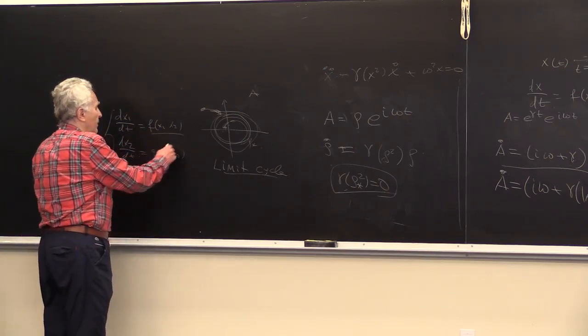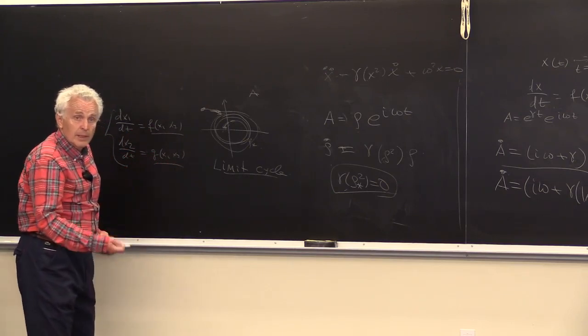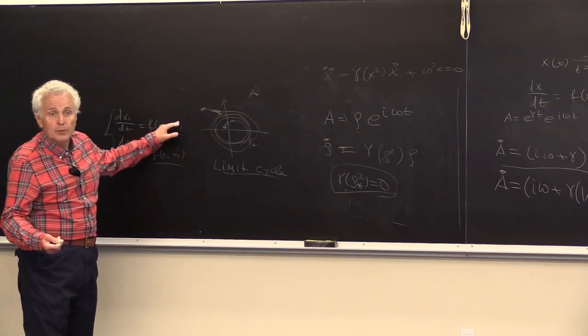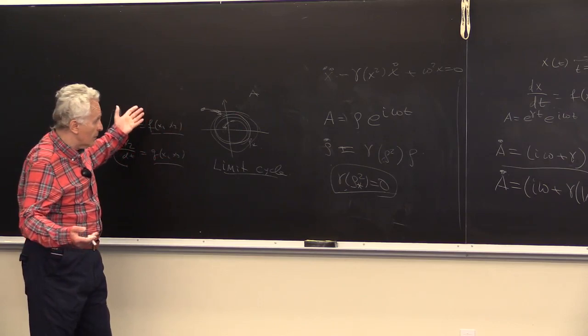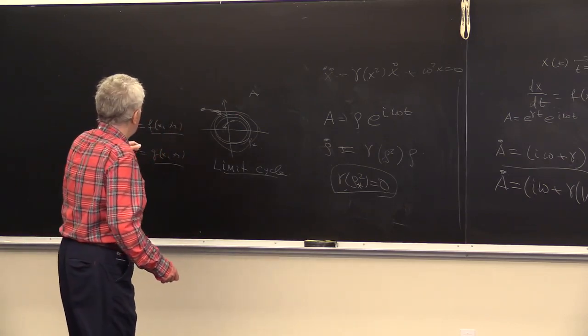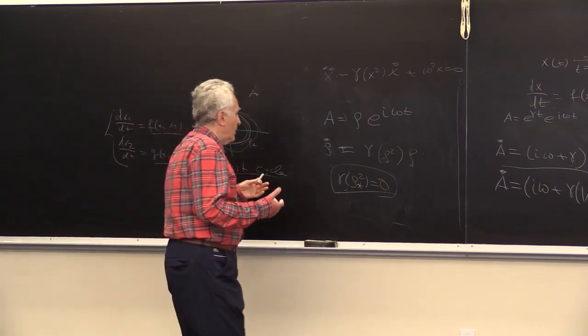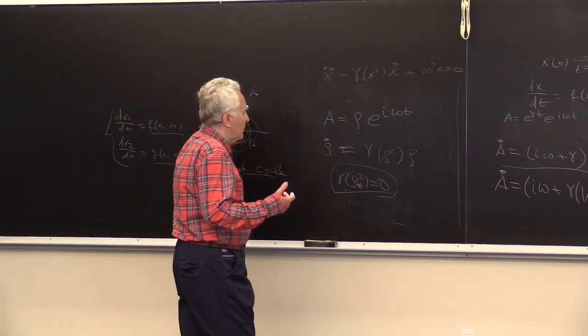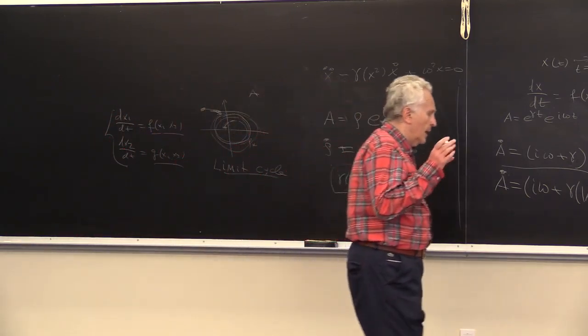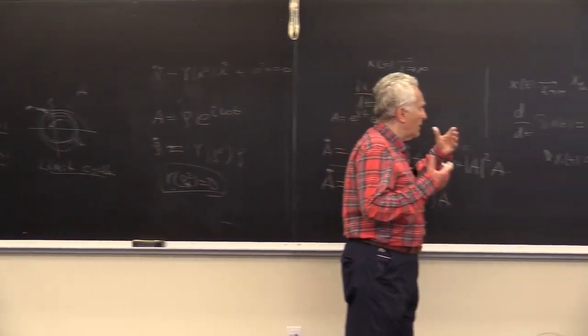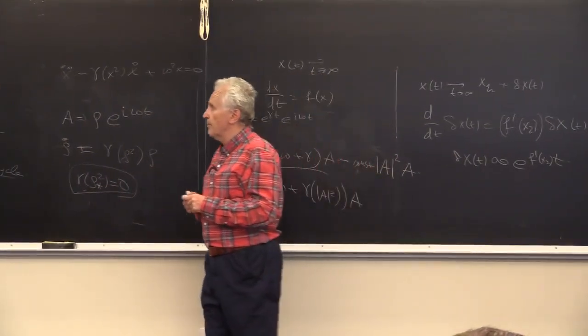We can set f and g to 0, and that would give you two equations for two variables. So you will get fixed points, but also for a generic equation, another possibility is this attractor called the limit cycle.